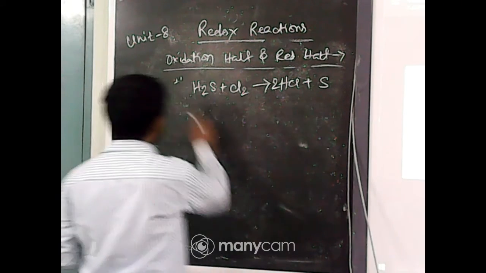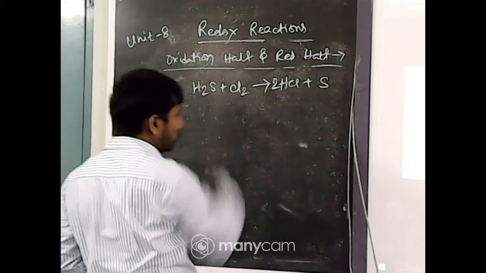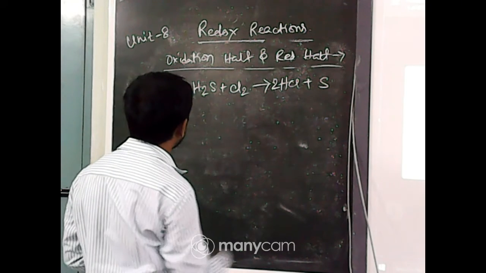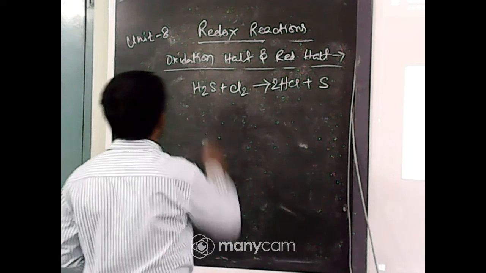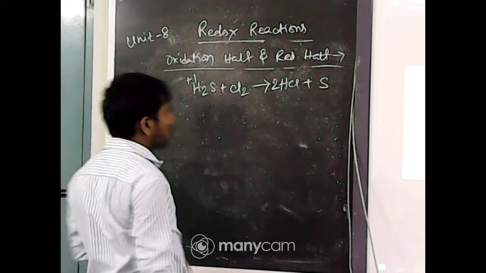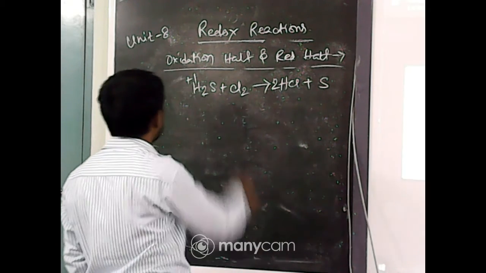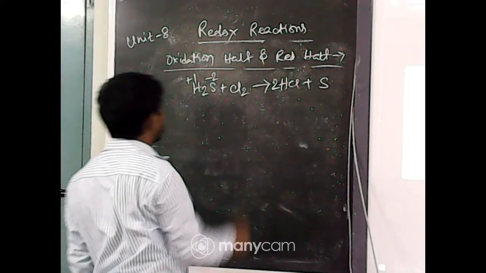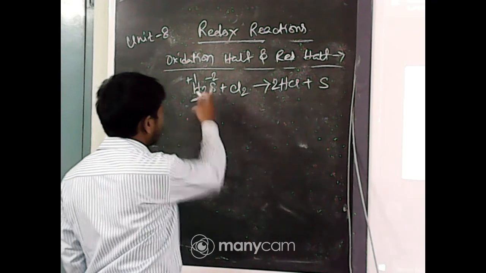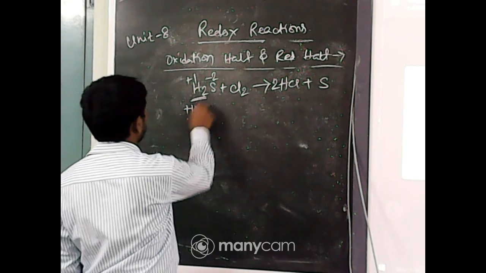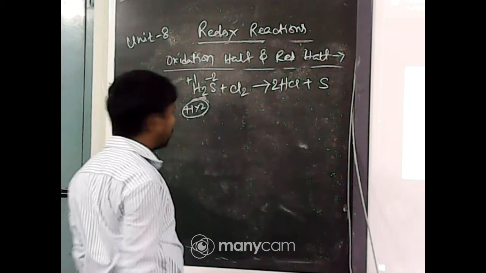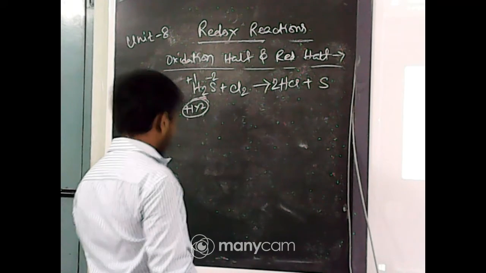Okay, it is balanced. Now we have to give the oxidation state to each element. Here hydrogen is always +1, sulfur here is -2, because +1 into 2 is +2 and overall it is neutral, so sulfur will be -2.